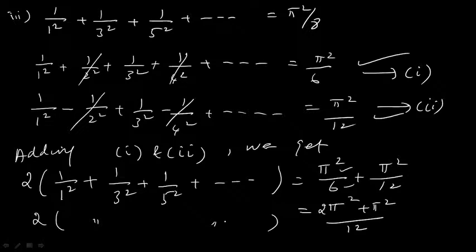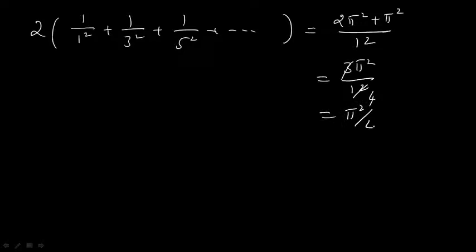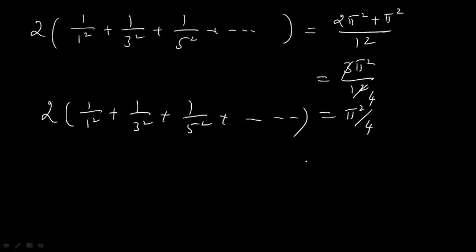So simplifying this, we get twice 1 by 1 square plus 1 by 3 square plus 1 by 5 square, that is equal to 2 pi square plus pi square divided by 12, isn't it? That is, you have here 3 pi square divided by 12, that is pi square divided by 4. So here twice 1 by 1 square plus 1 by 3 square plus 1 by 5 square plus etc. is equal to pi square by 4.